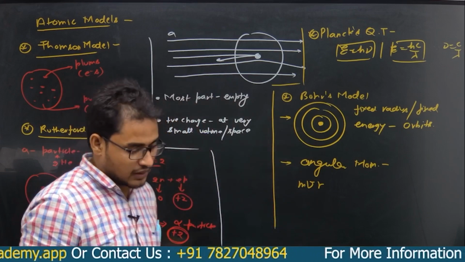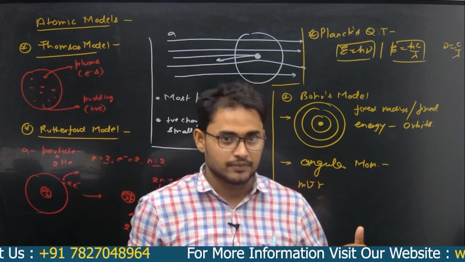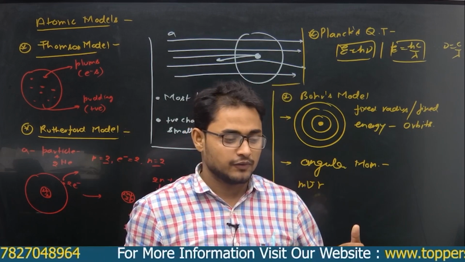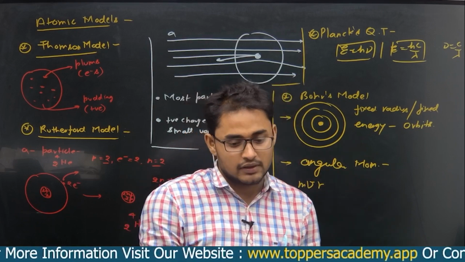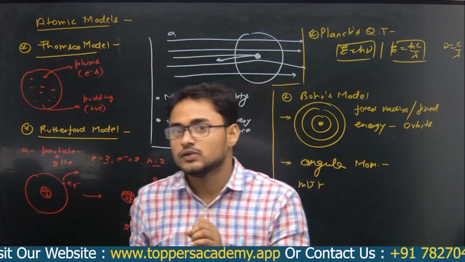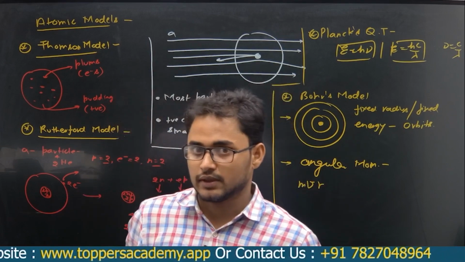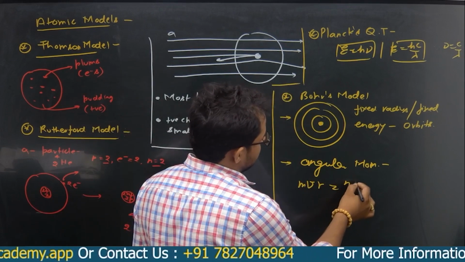If a particle moves in a linear direction, we use momentum, mv. If it moves around something, in a circular orbit, then we do not use momentum, we use angular momentum. Angular momentum, mvr is equal to nh upon 2 pi.